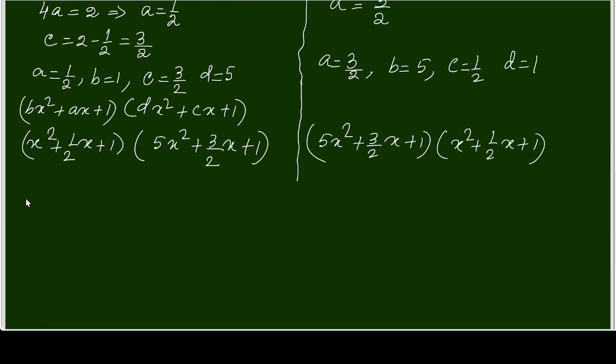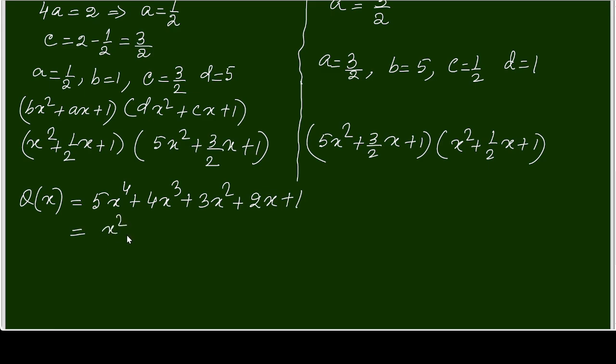So now I am writing the factorization: q(x), the polynomial 5x to the power 4 plus 4x cube plus 3x square plus 2x plus 1 equals x square plus half x plus 1 and 5x square plus 3 by 2 x plus 1.